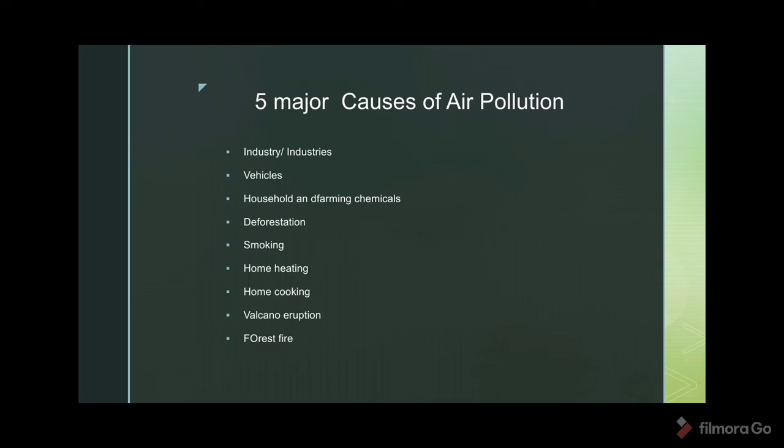Kasi according to my research lang ha, hindi according sa akin. According to my research kasi, once daw kasi yung atmosphere natin or yung ozone layer natin is napupuno na siya ng mga pollutants that could be the result of evaporation, which is magkakaroon tayo ng ulan.